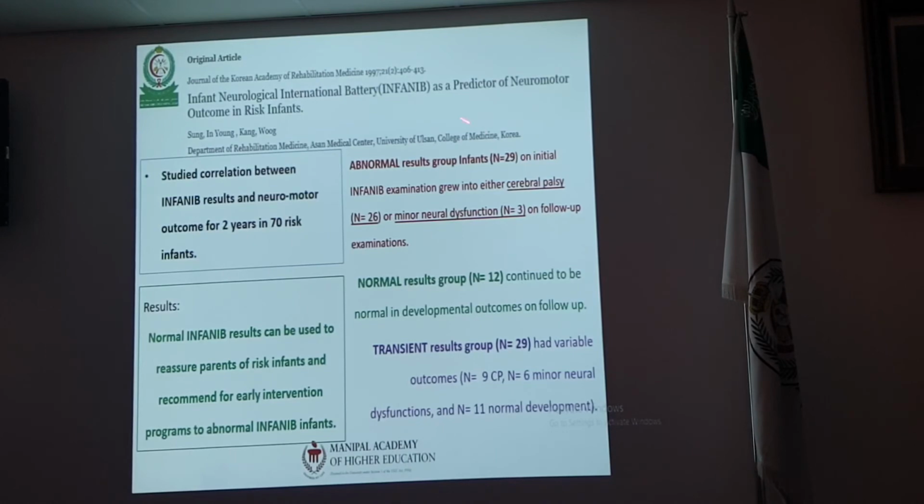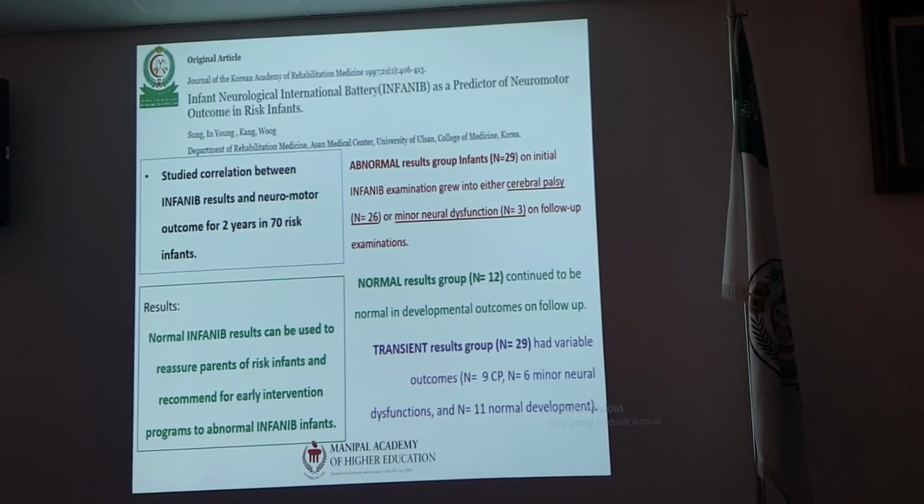The children categorized as abnormal numbered 29. Out of those, 26 turned into cerebral palsy and 3 turned into minor neurological dysfunction on follow-up. It means that in this study, they could correctly predict cerebral palsy as a diagnosis in 90% of those who were abnormal.